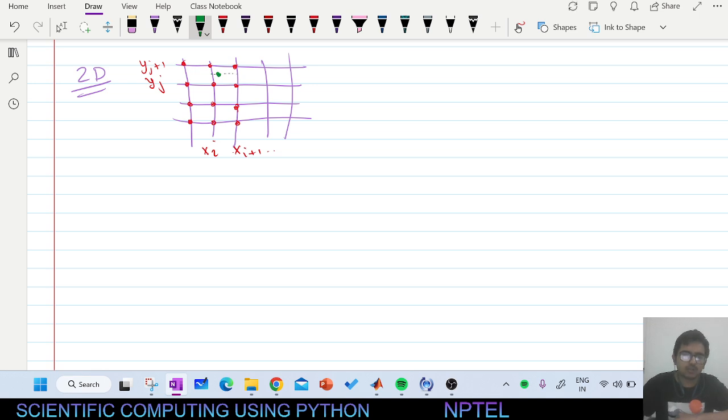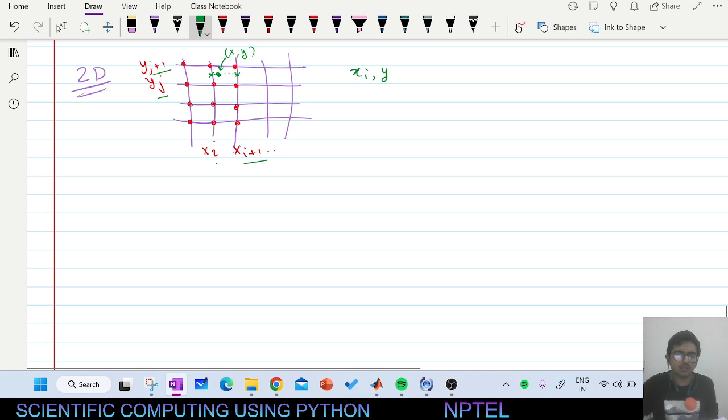Then you can do linear interpolation or even Lagrangian interpolation. So first you define these 2 points. What will they be? They will be xi comma y. So this is some general point x comma y, that is between i and i plus 1 in the x direction and between j and j plus 1 in the y direction.